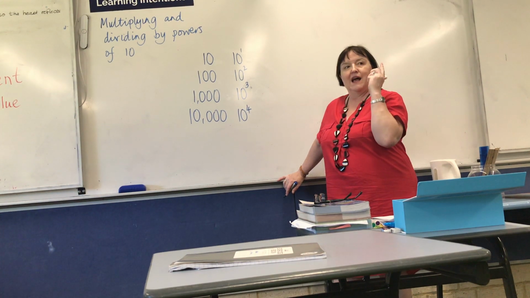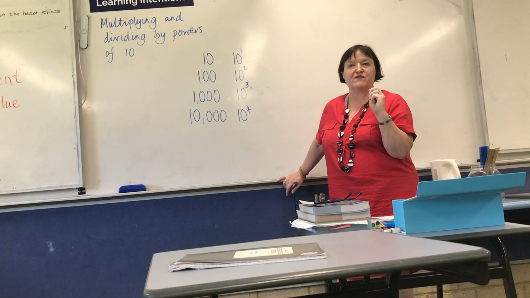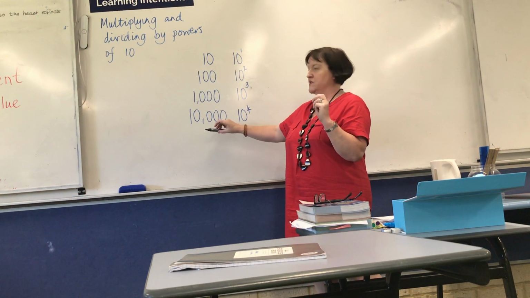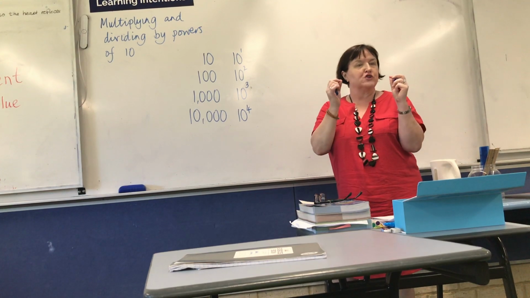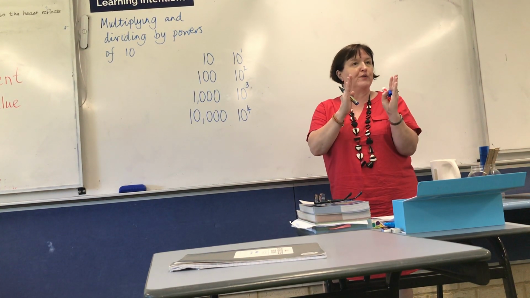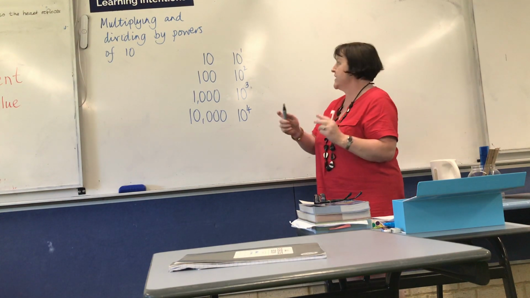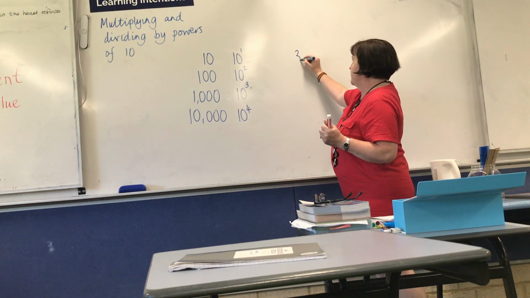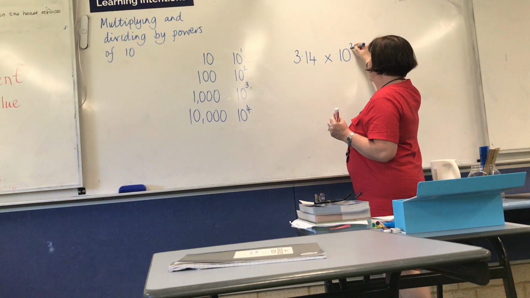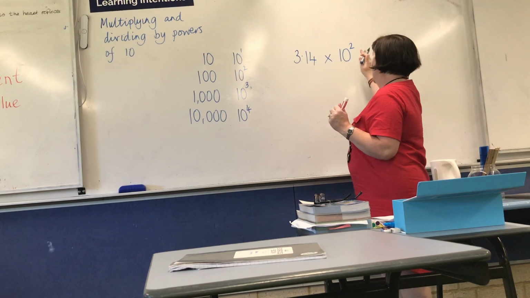So when we're multiplying or dividing by 10, 100, 1,000, 10,000, the really crucial thing is to look at the number of zeros, and that will help you to do the calculation. So let's have a look at something like 3.14 times 10 to the power of 2, or 100.